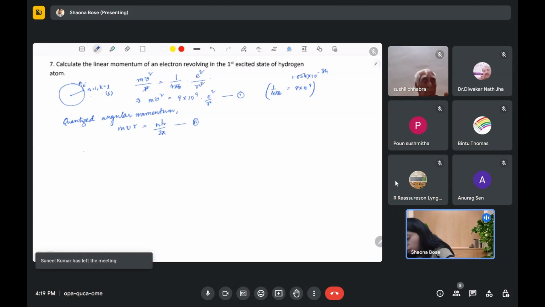So let me number this as my second equation. So equation number 1 divided by equation number 2.